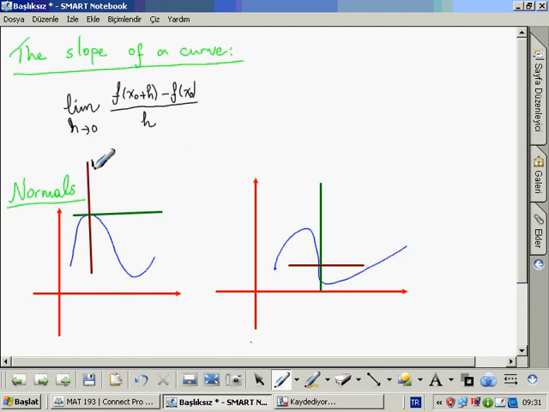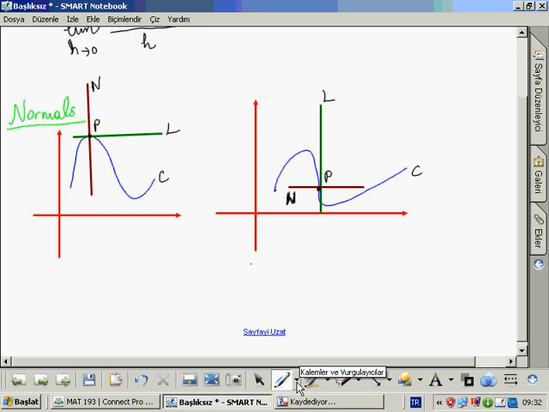This is L, and this is the curve C, and this point is P, and this red line is the normal.